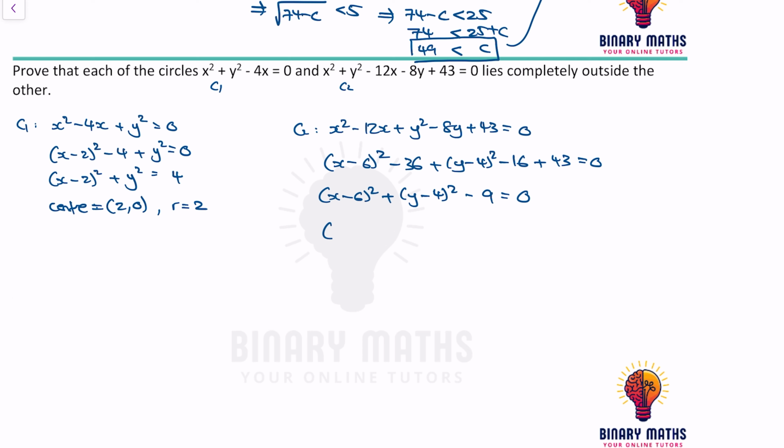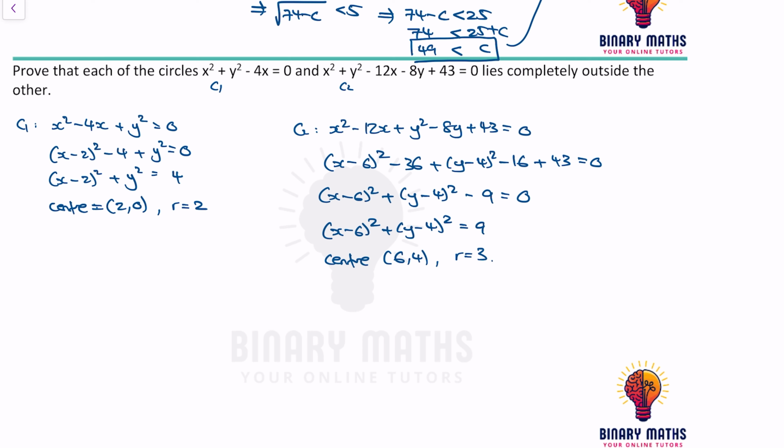If I take the constant to the other side, I get 9, which means my center is (6, 4) and my radius is 3.